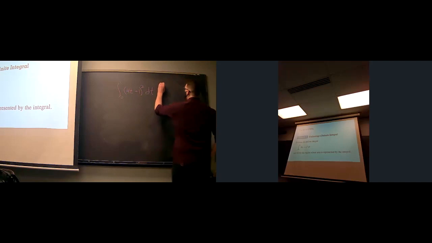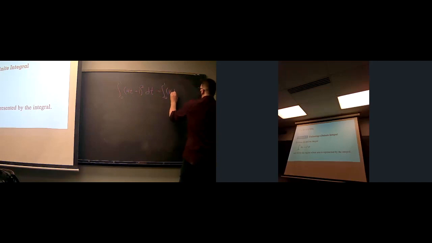So when we expand it out, what we're going to get is the integral from 0 to 1 of 16t squared plus 8t plus 1 integrated with respect to t.